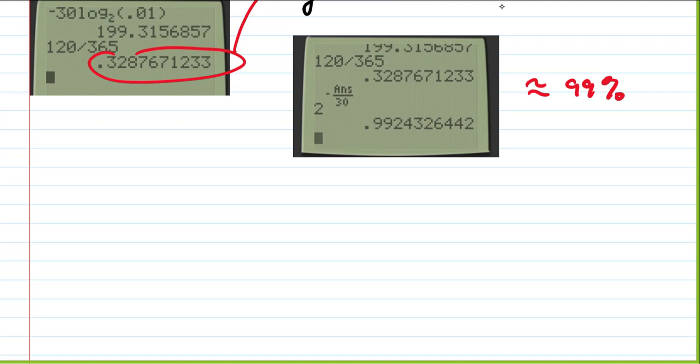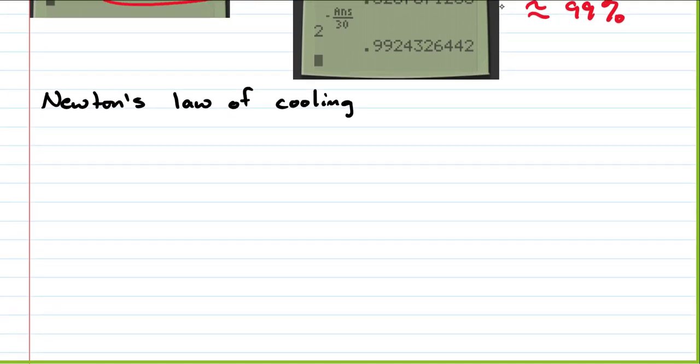All right. The last model we want to talk about is called Newton's law of cooling. So Newton's law of cooling is a variation on this law. So Newton's law of cooling formally states the following.